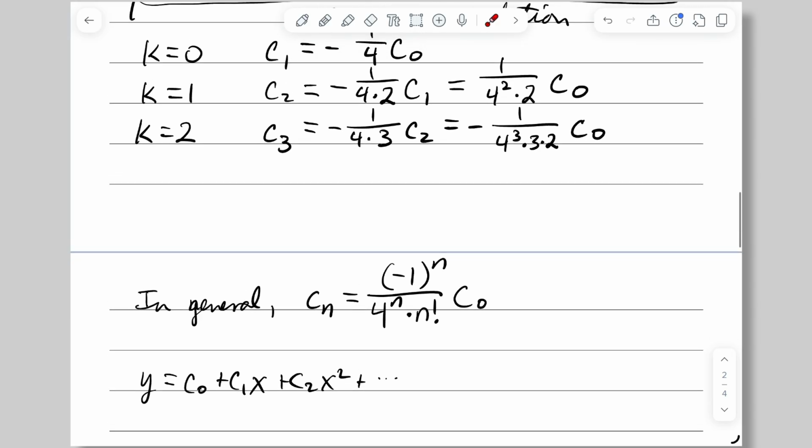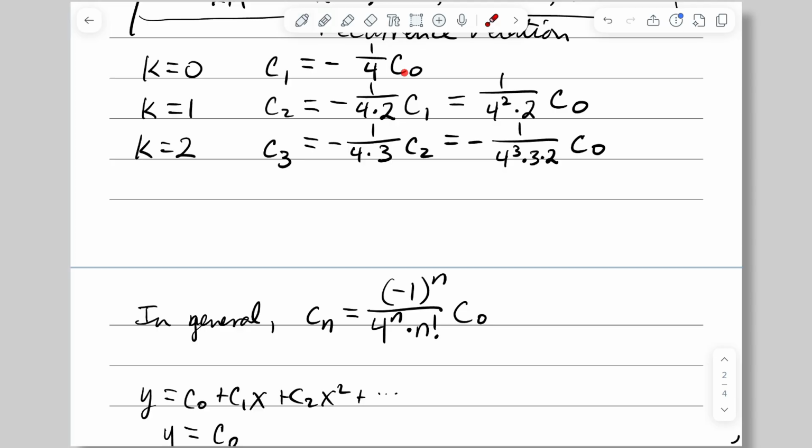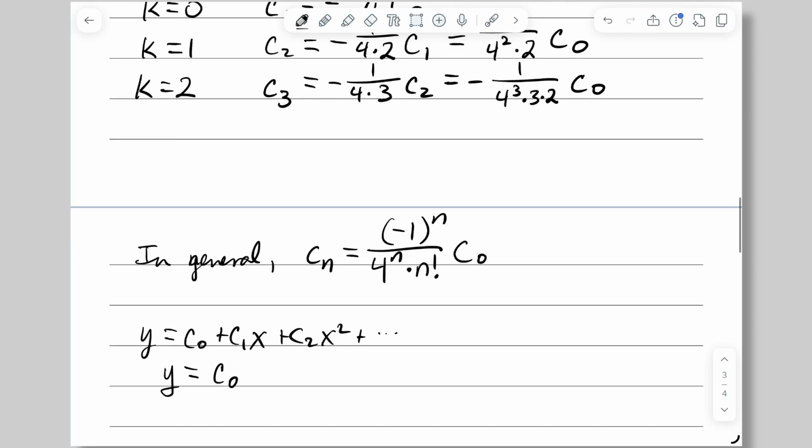But knowing that y has this power series representation with the coefficients, we can say here that y is equal to, I have no information about c naught, so I'm just going to write it down as c sub 0. However, we know that c sub 1 is negative 1/4 times c sub 0. So I'm going to write down minus 1/4 c sub 0 x. I've replaced c1 in the x term.